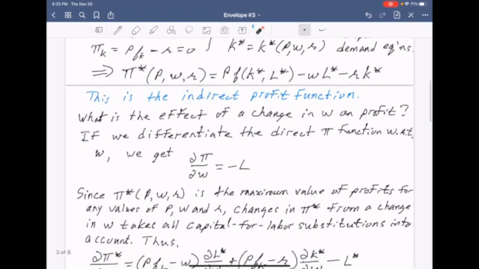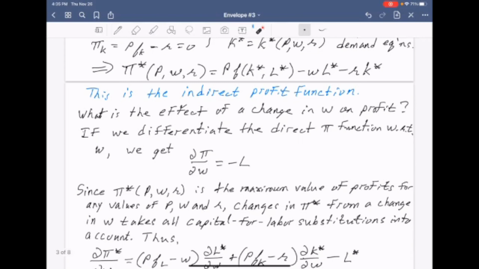What is the effect then of a change in the wage rate on profit?